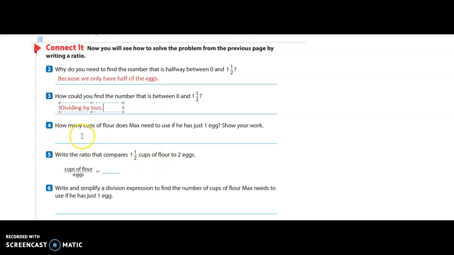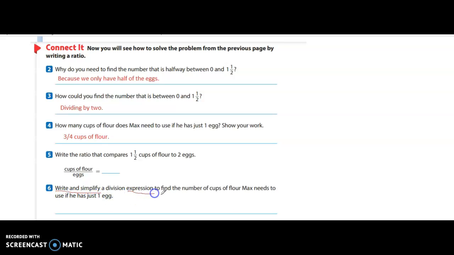On the next part, it says, how many cups of flour does Max need to use if he has just 1 egg? So we know that he needs 3/4 cup. We saw that model, so we know that he needs 3/4 cups of flour. And the way that we can solve that, I'm going to kind of combine 4 and 6 because this tells me to write and simplify a division expression.